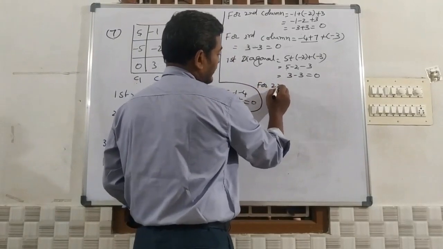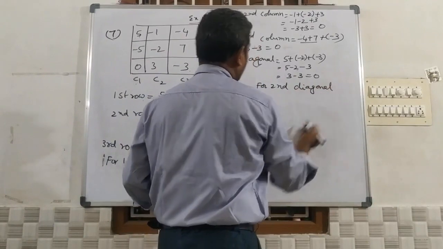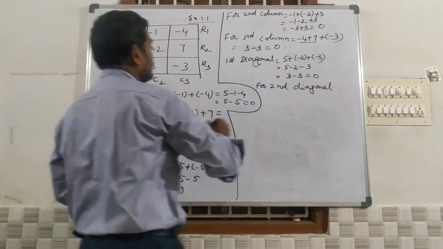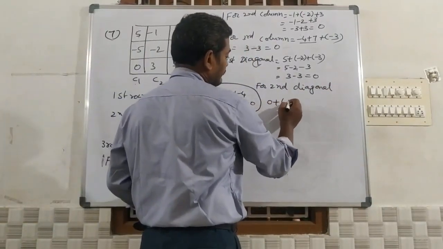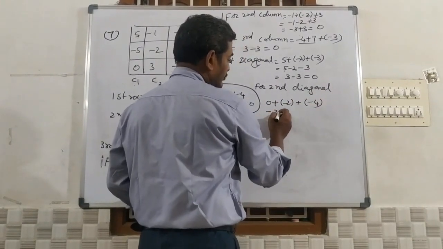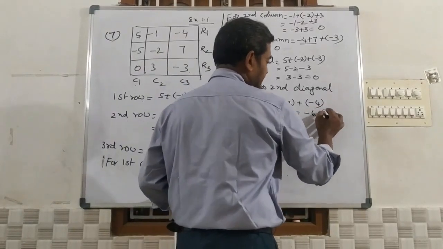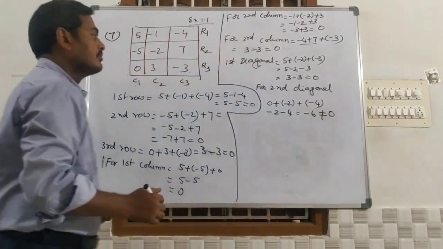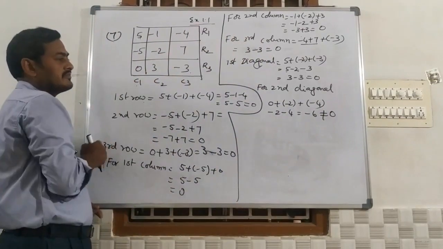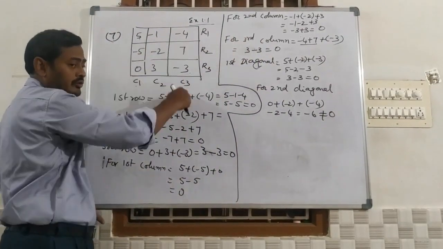Now for the second diagonal: 0 plus minus 2 plus minus 4. Minus 2 minus 4 equals minus 6, which is not equal to 0. If we observe this question, all the rows are zeros and the columns are also zeros.